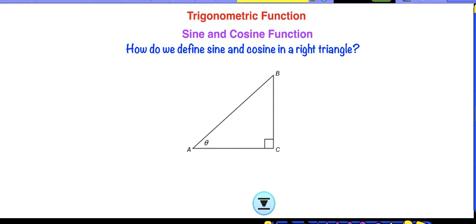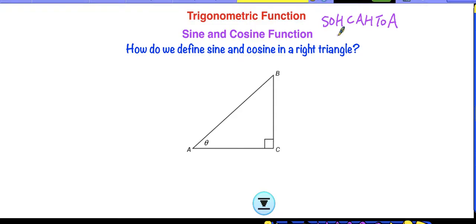If you remember that, we use SOHCAHTOA to memorize this ratio. So we're going to use this as a foundation, a very basic formula, and extend it to a larger area.